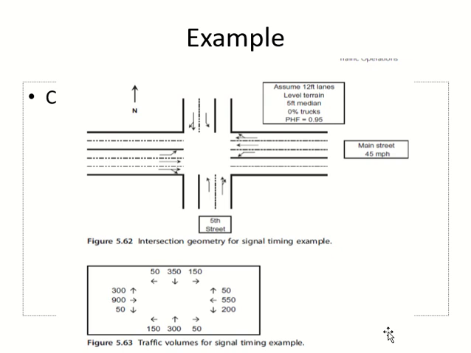Clear? This one, left turning. What is the volume for left turning? 150. What about this one? This is for straight and right, both, right? So this one will have 300 plus 50. This one again is straight and right, so this one will have 350 plus 50. Clear?